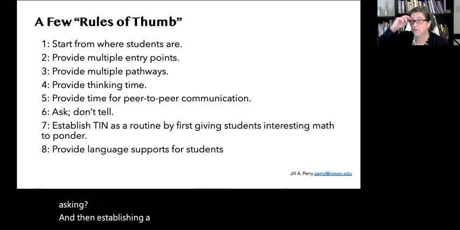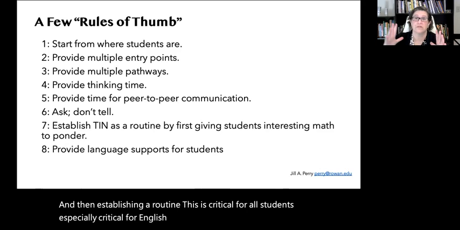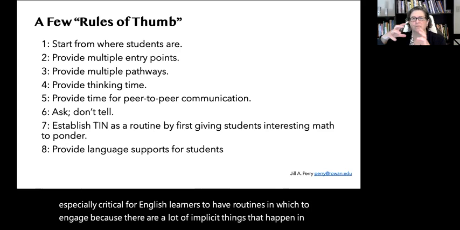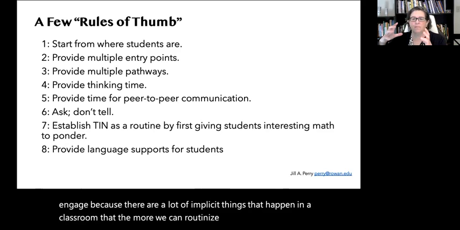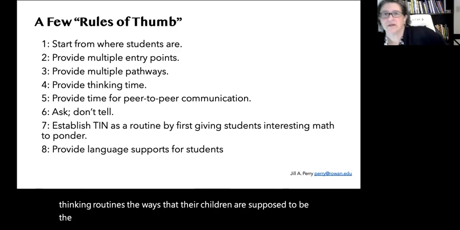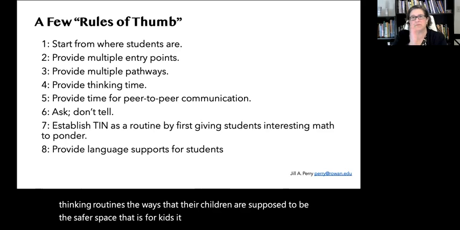This is critical for all students, especially critical for English learners, to have routines in which to engage, because there are a lot of implicit things that happen in a classroom that the more we can routinize in a good way, the thinking routines, the ways that children are supposed to be, the safer space that is for kids. It doesn't mean that we have to be telling. That isn't what a structured environment is.